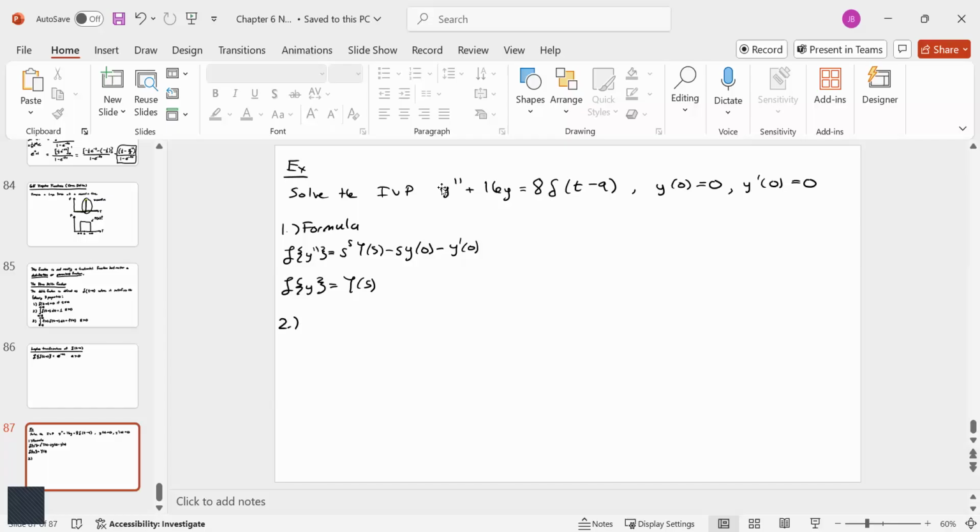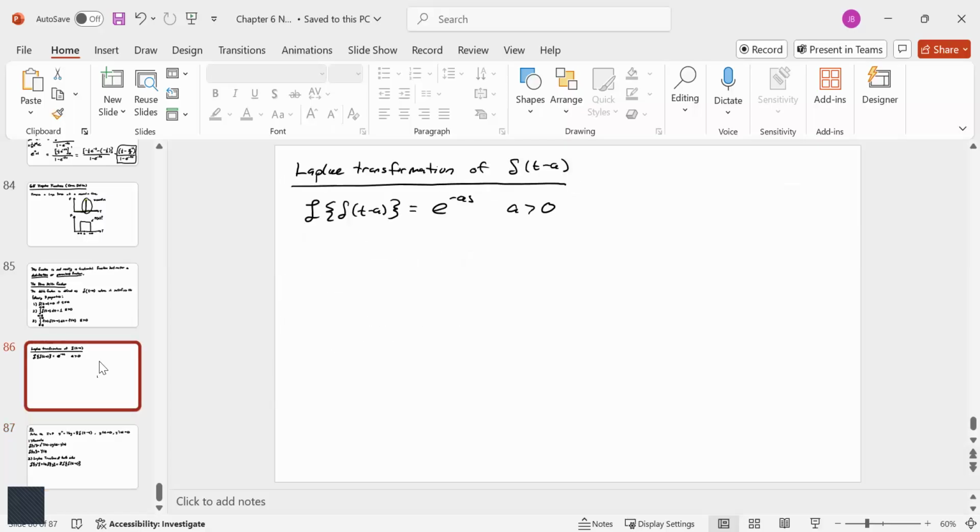Step 2, we're going to take the Laplace transform of both sides. I don't have to do any conversions to it. So the Laplace transformation of y double prime plus 16 times the Laplace transformation of y equals 8 times the Laplace transformation of the delta function t minus 9.